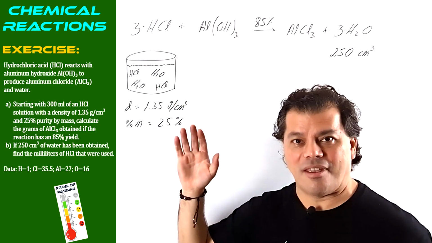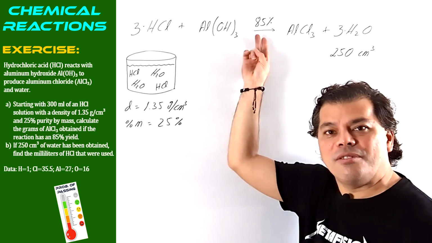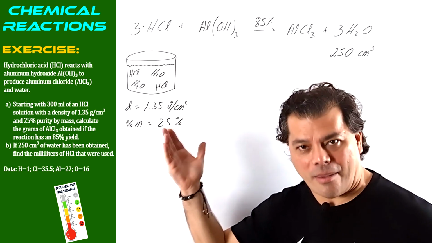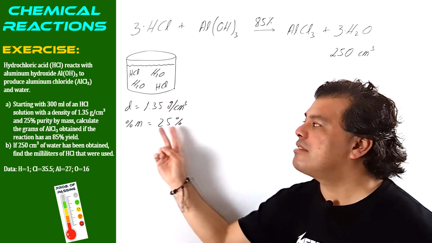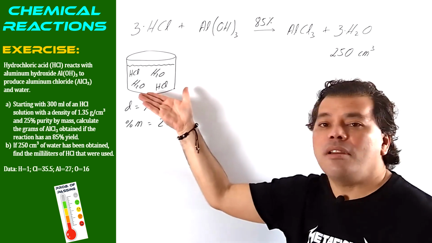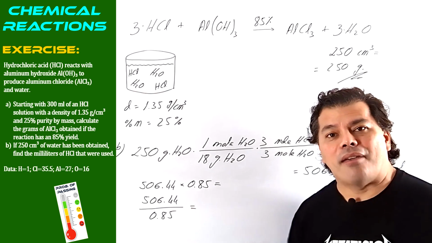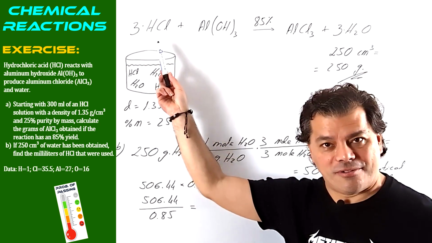Theoretical grams. The second thing we're going to do is to use properly the yield in order to calculate the real grams. And finally, we are using this data in order to calculate the milliliters used. Okay? That's the way.